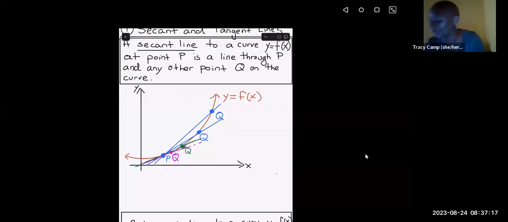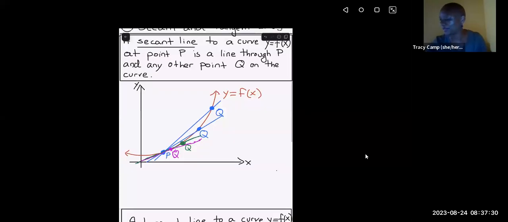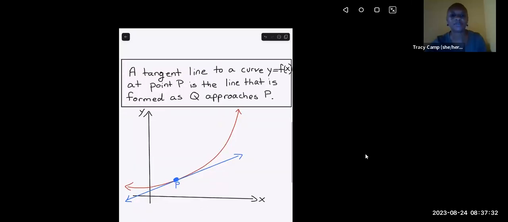It's so messy, right? And then imagine Q getting so close to P that Q is actually equal to P. And if you can imagine that, what you end up with is something like this, what I drew down here.